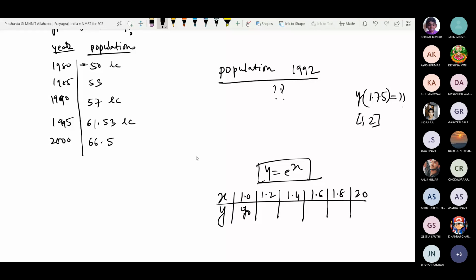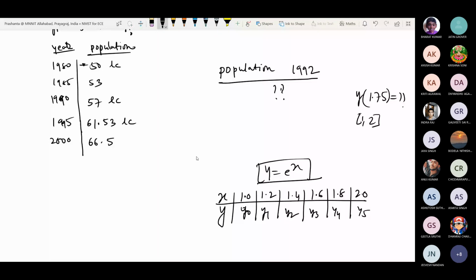Now you have considered the whole interval 1 to 2, and you calculate from the function the values at these points: y0, y1, y2, y3, y4, y5.